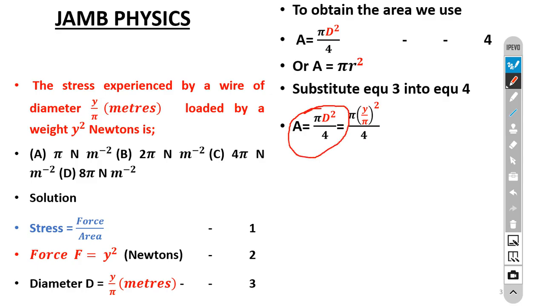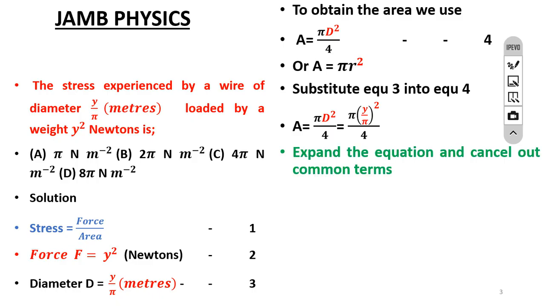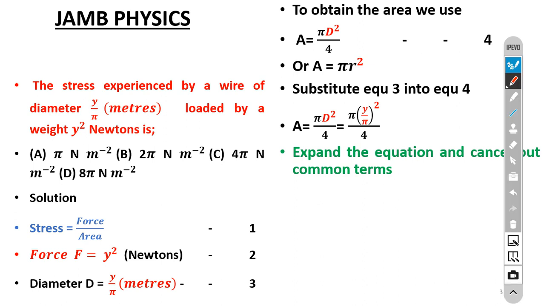Substituting the value of d, which is y/pi, we now get the next expression. So don't be confused about that. Okay, the next step. We now expand the equation, and if possible, we cancel out. For us to expand this equation means we are going to multiply the index here with the numerator and then the denominator.